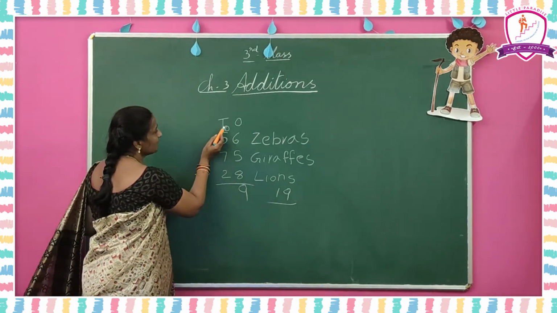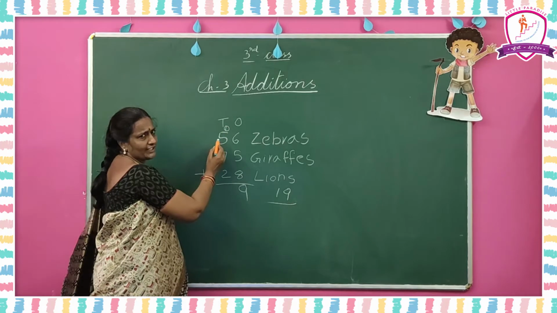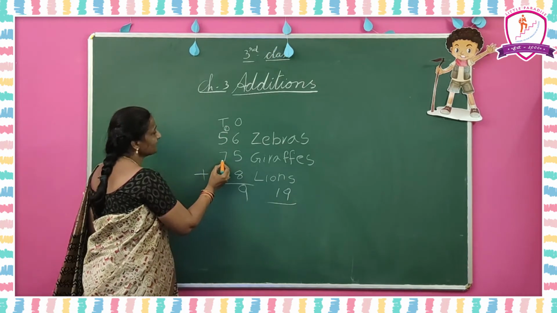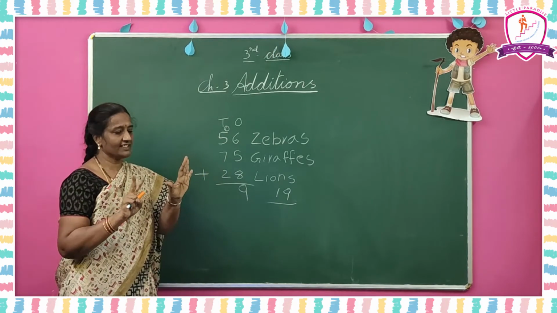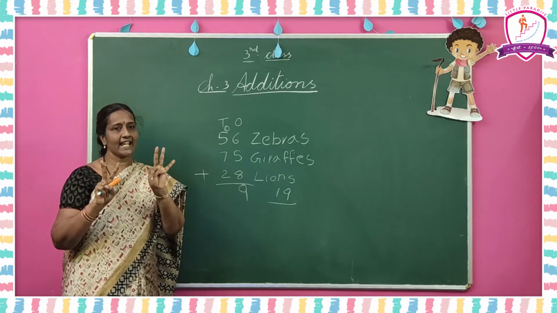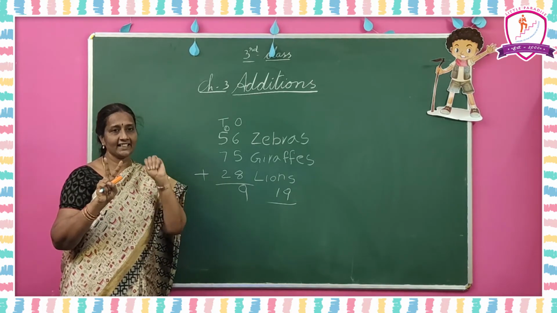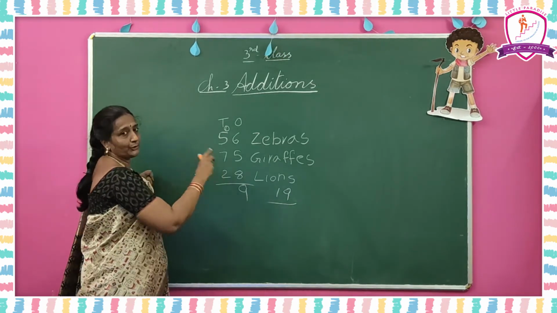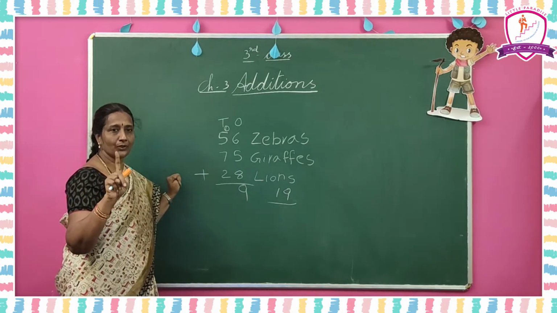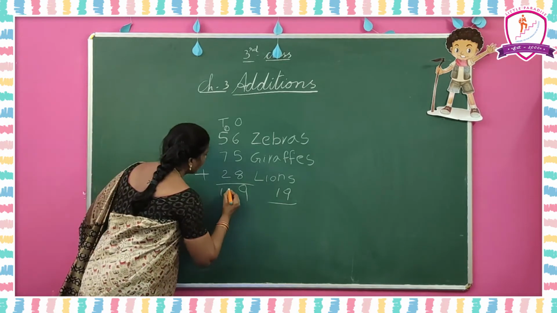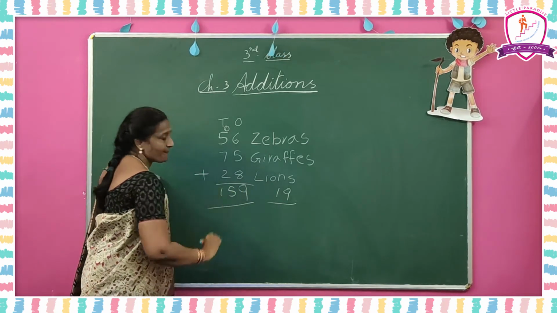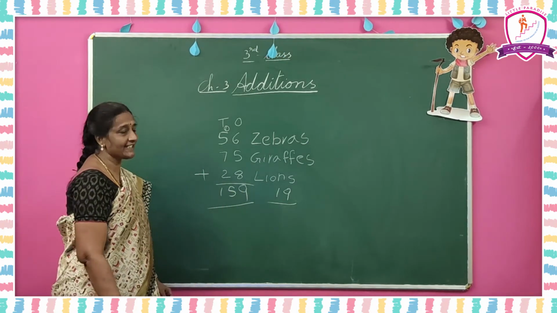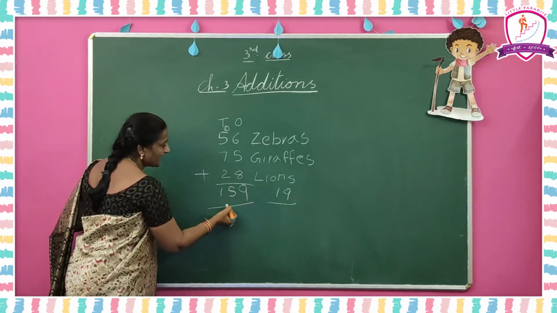At the tens place means 1 plus 5. We know that 6. 6 plus 7. Take 7 fingers. 6 after 7, 8, 9, 10, 11, 12, 13. 13 keep in the mind and take 2 fingers. 13 after 14, 15. Totally how many animals are there? 159 animals.